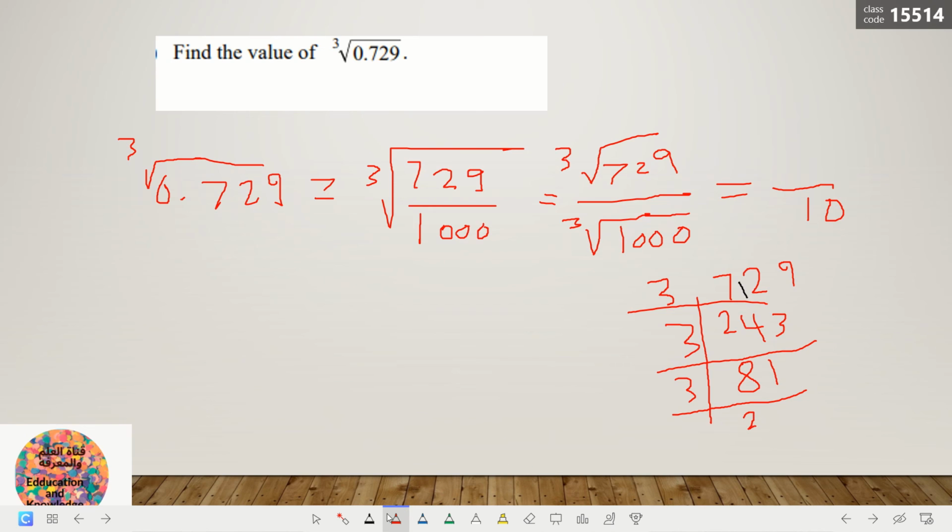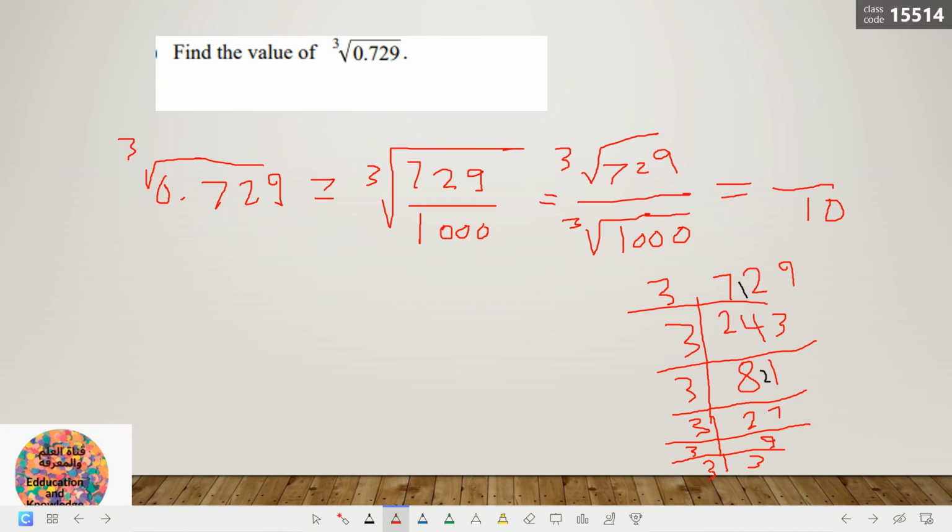I put the remainder in the next place. It becomes 21. 21 divided by 3 is equal to 7. I can continue again. 27 divided by 3 is equal to 9. Now again, 9 divided by 3 is equal to 3. Then 3 divided by 3 is equal to 1.